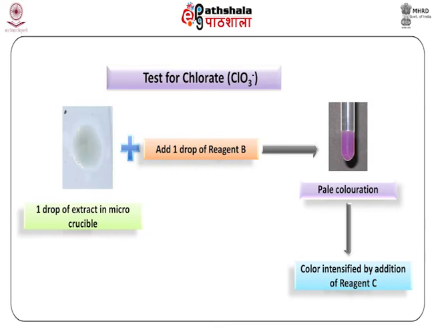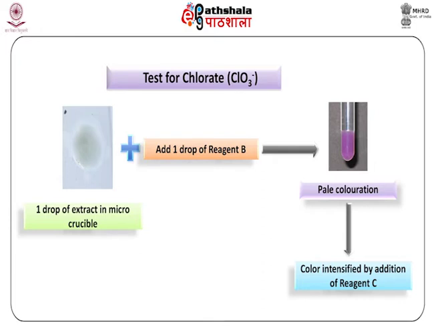The second procedure for testing the presence of chlorate ions is carried out by taking 1 drop of the extract in a microcrucible and adding to it 1 drop of reagent B. Briskly warm the solution over a microburner and allow it to cool for some time.